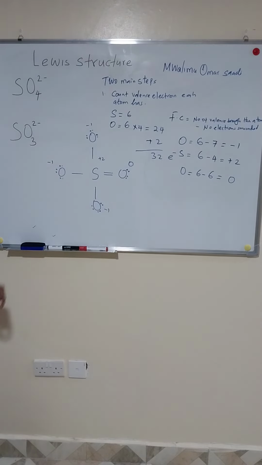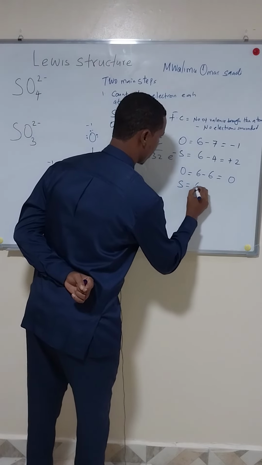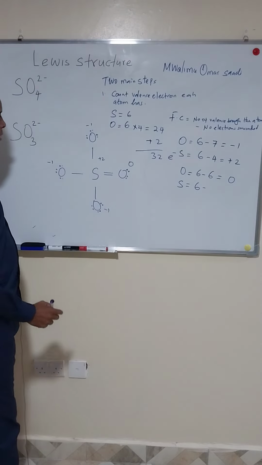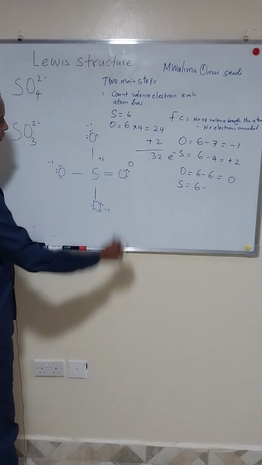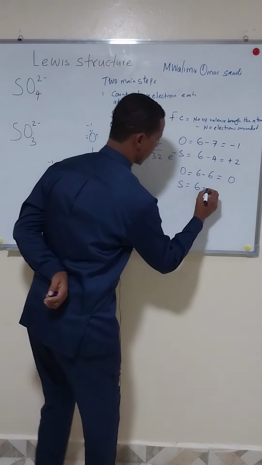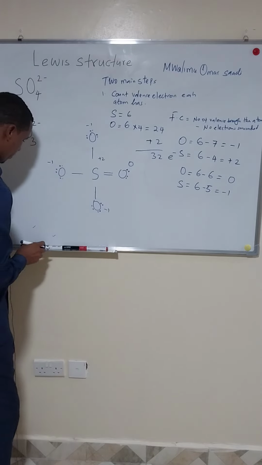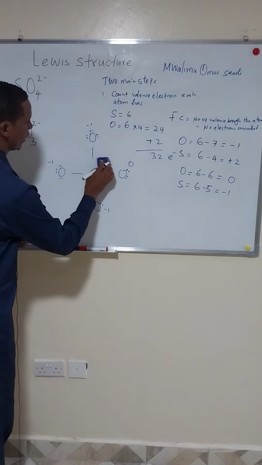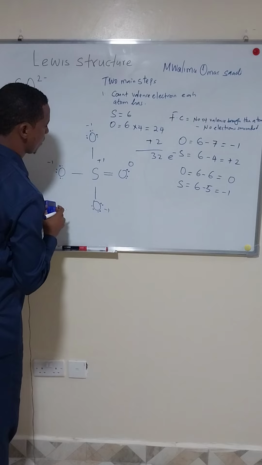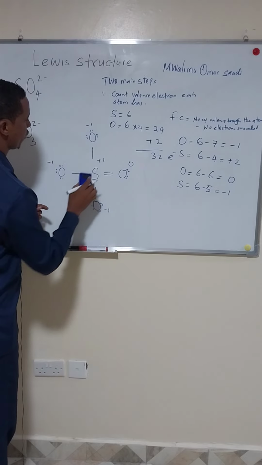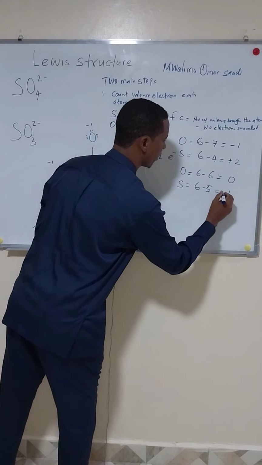And sulfur, let's find sulfur. Sulfur brought 6 electrons minus, surrounded by 1, 2, 3, 4, 5. So 6 minus 5, so that is positive 1. Sorry for that, the formal charge of sulfur is now positive 1.